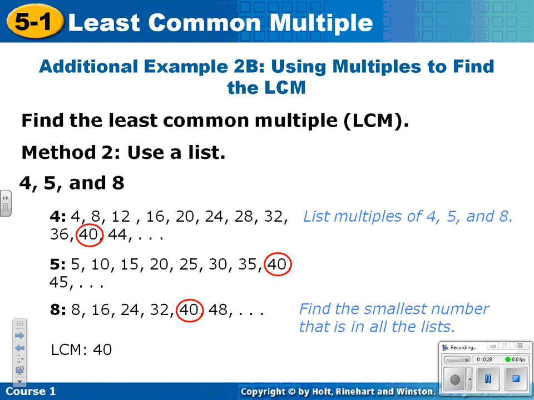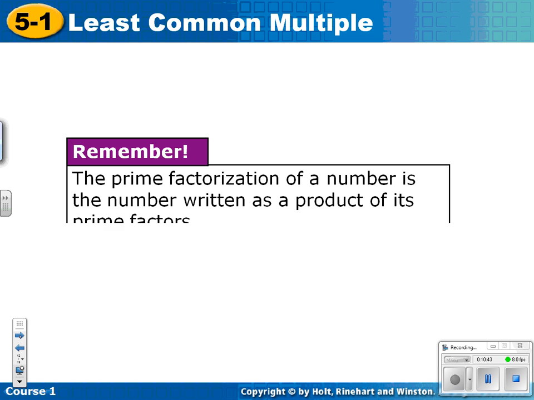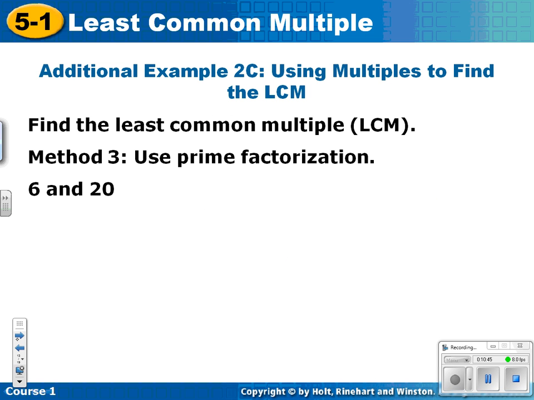And I'm going to call it prime factorization. We can use prime factorization for this as well. And it works pretty easily. So if you didn't learn how to do it before break, you better learn how to do it now. We can use prime factorization to find least common multiple.